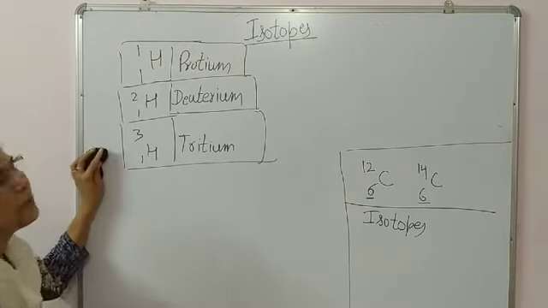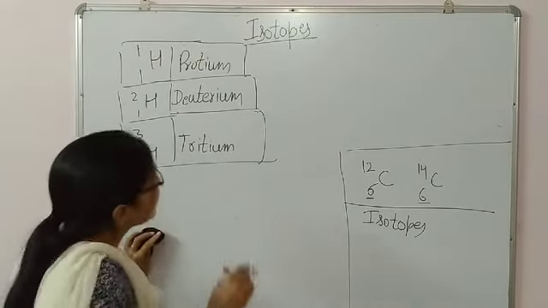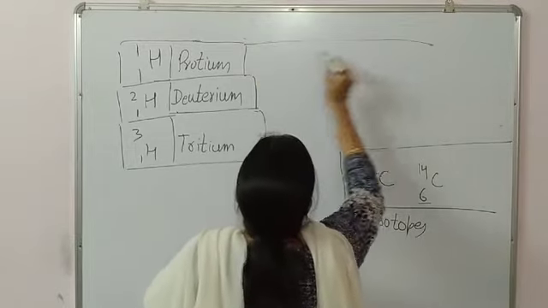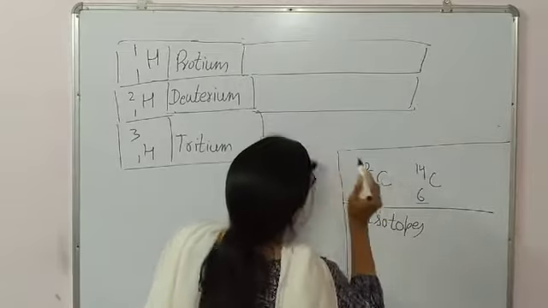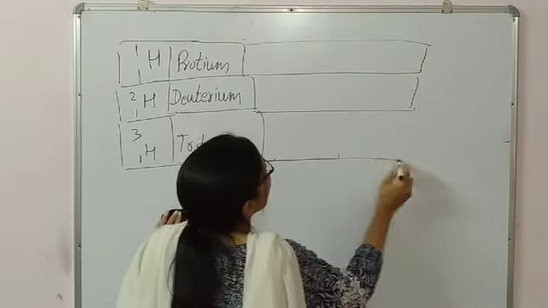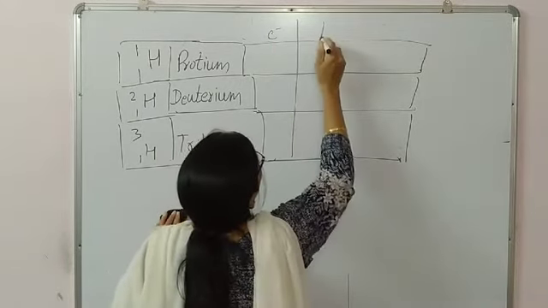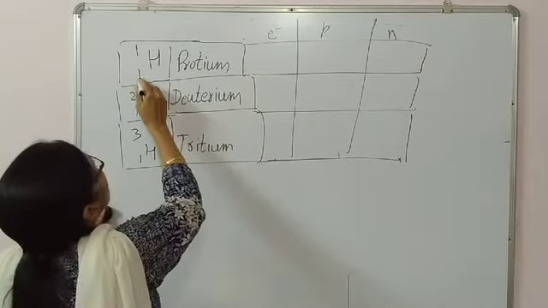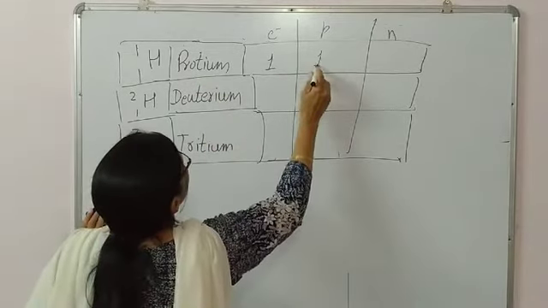If we will find number of electron, proton and neutron in all 3 in such manner, then number of electron, number of proton, number of neutron. Obviously, 1 is here, so number of electron is 1. Proton is also 1.